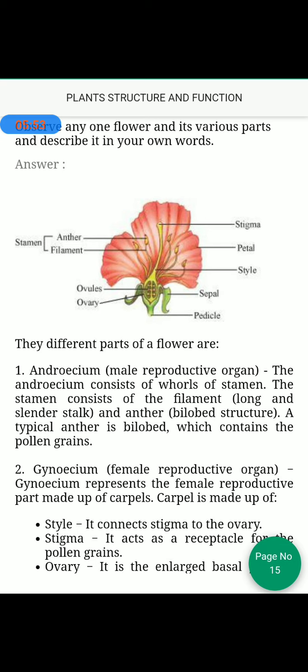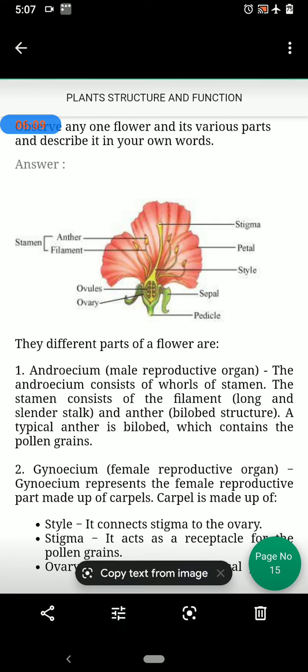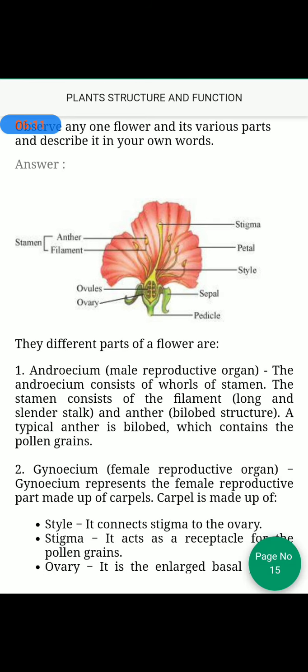Next part we have is gynoecium, the female reproductive organ of the flower. Gynoecium represents the female reproductive part made up of carpels, and carpels contain style, stigma and ovary. So we have written: carpel is made up of style, stigma and ovary.